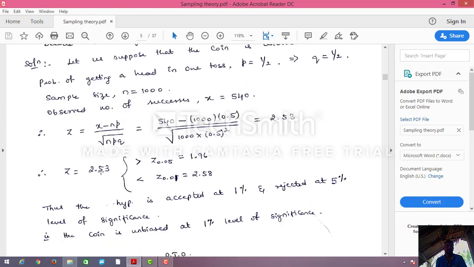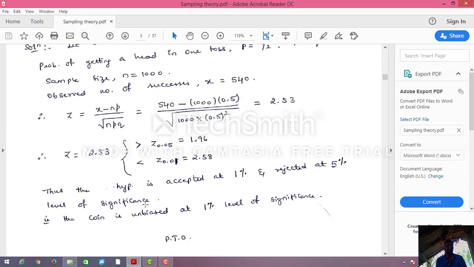Thus, the hypothesis is accepted at 1% and rejected at 5%. Why? The value 2.53 is greater than 1.96 and less than 2.58. So the hypothesis is accepted at 1% and rejected at 5% level of significance.